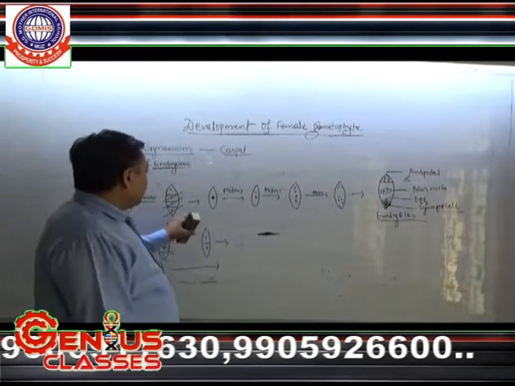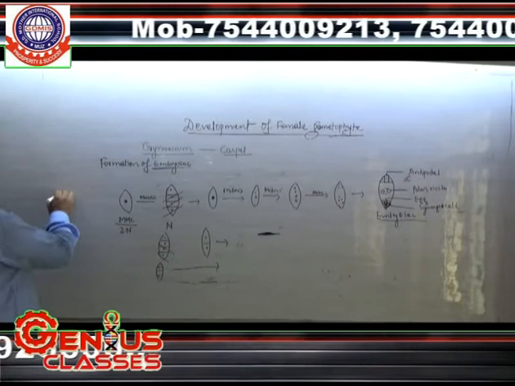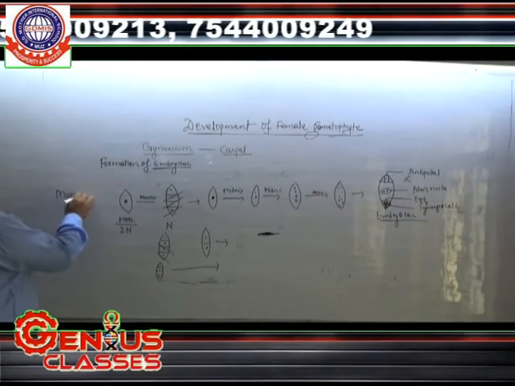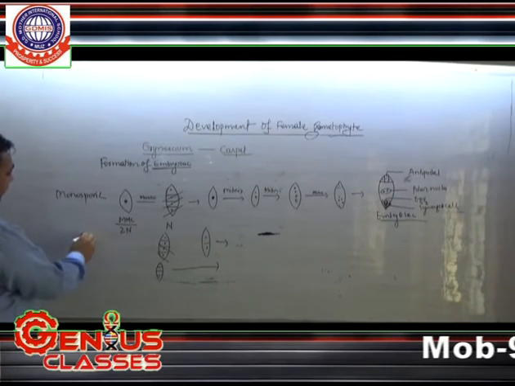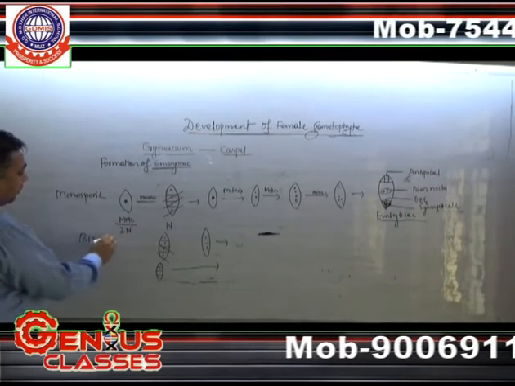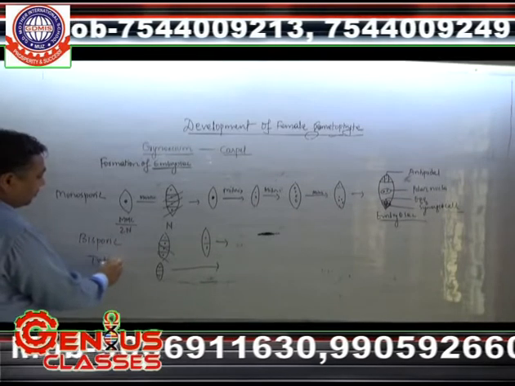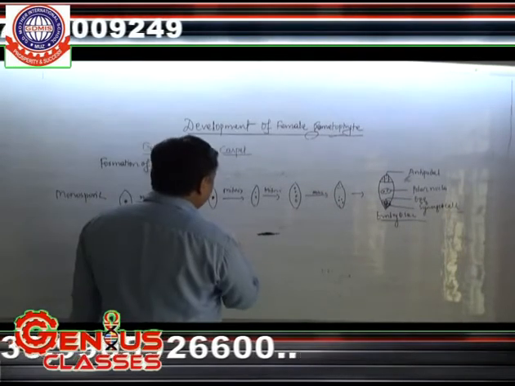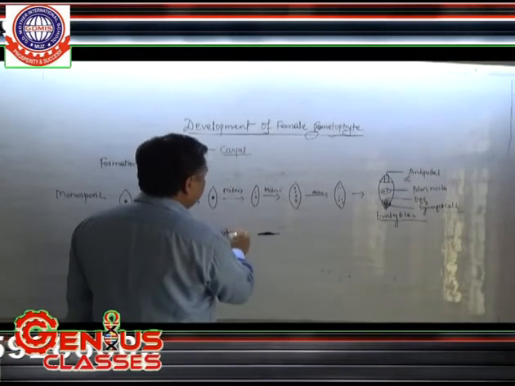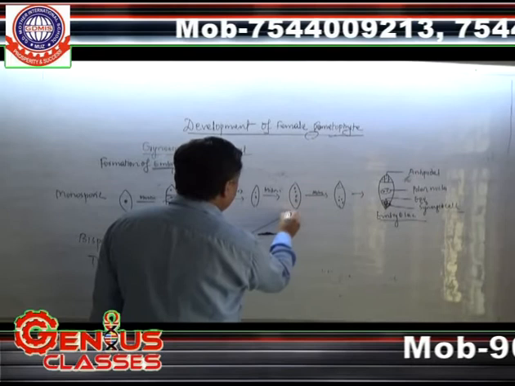So this was monosporic, this is bisporic, and this is tetrasporic. In bisporic, mitosis will occur and result in the formation of directly 4 nuclei.